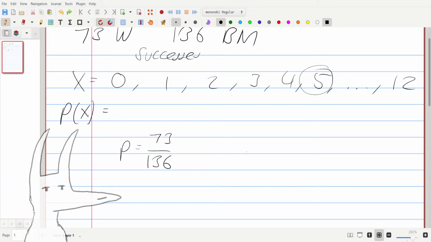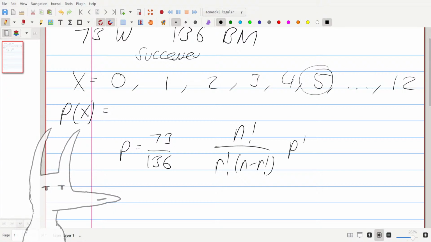Right, so that's n factorial over r factorial times n minus r factorial, times p to the r, q to the n minus r.